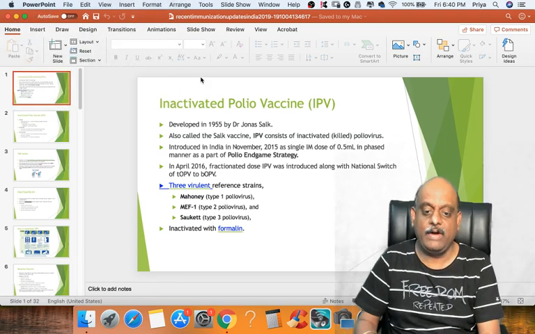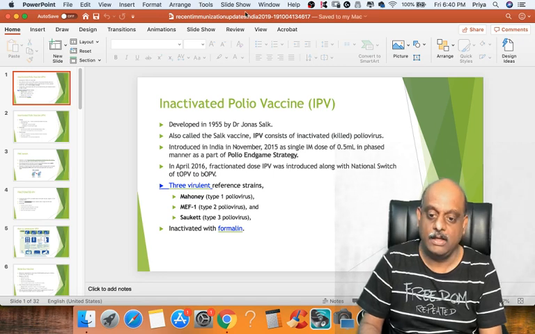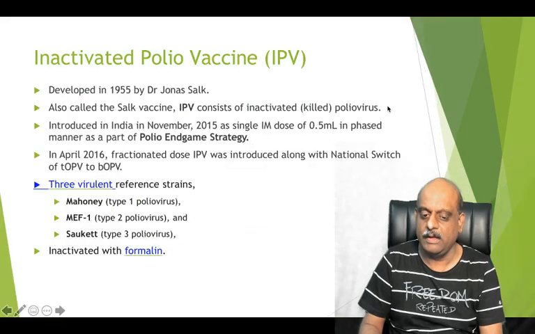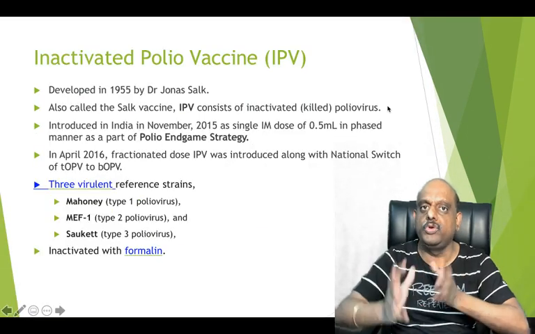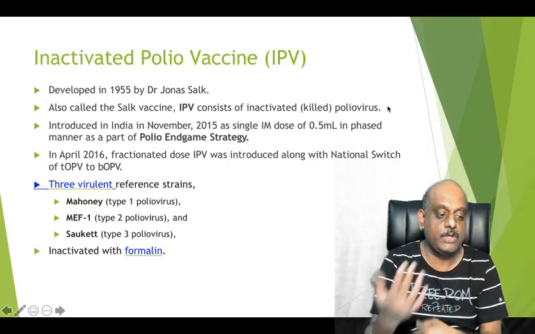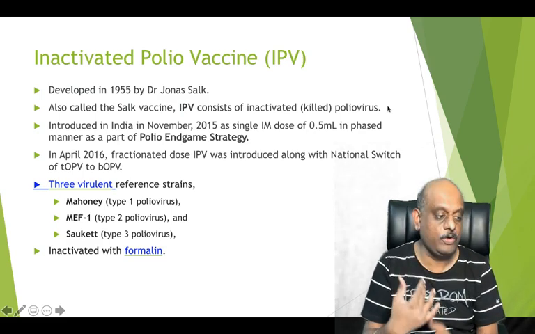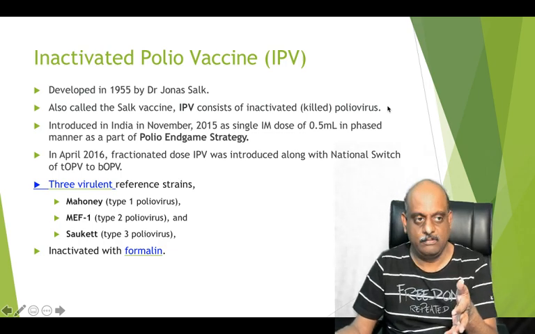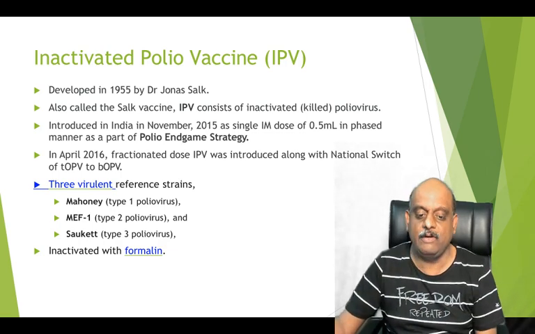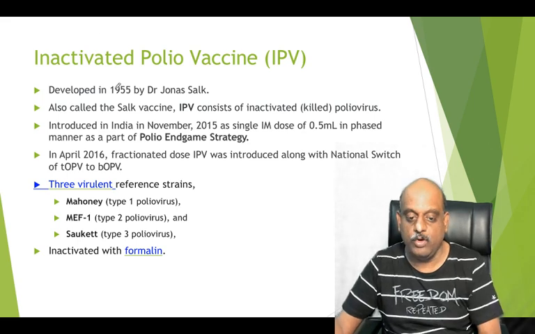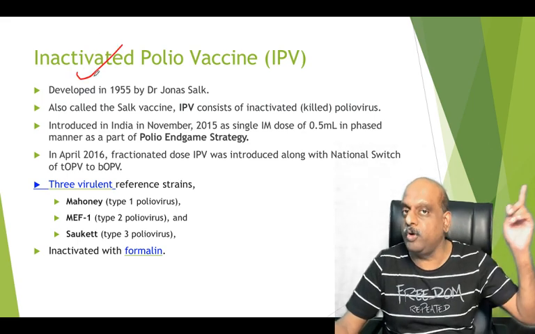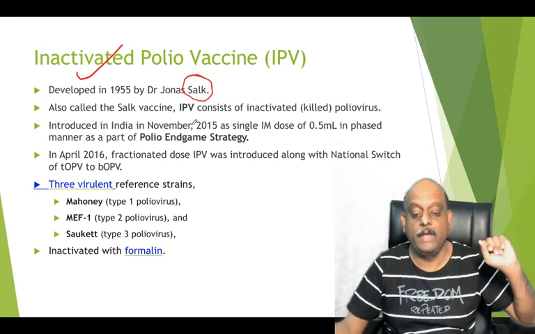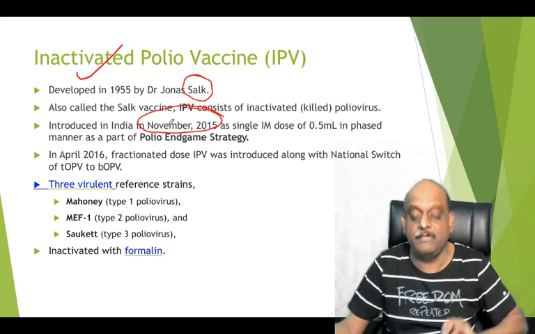Because this is one topic, doctor, where routinely there are a lot of new things included and excluded. That's the reason you have to keep your knowledge very current about it. Once more, for the brevity of quick repetition, I will once more take you around what we already discussed. Inactivated polio vaccine, Salk vaccine, introduced in India in November 2015.